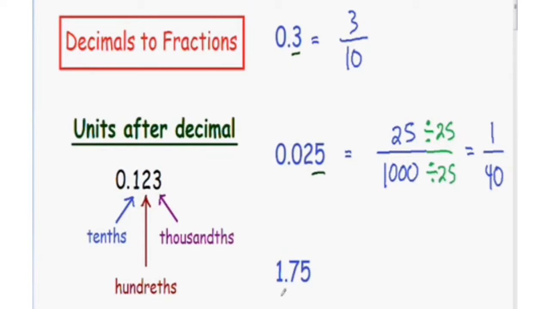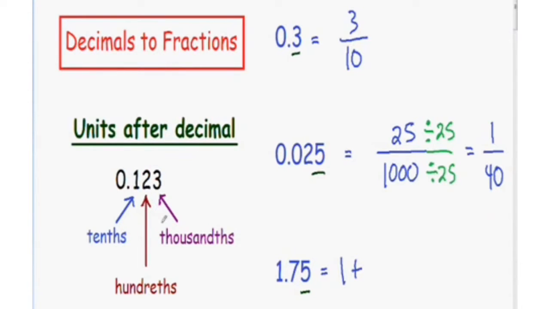Alright? So now let's look at the final example. 1.75. We have a whole number in this question. So the first thing you do is to write down the whole number and put a plus. We have 1 plus 0.75. Now to deal with 0.75, we look at the last digit, which is in the hundredth position, the second digit.